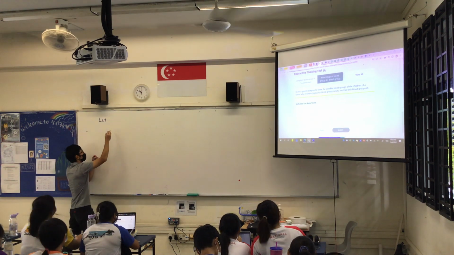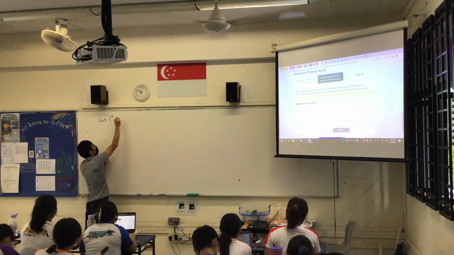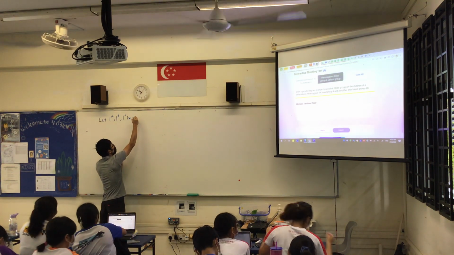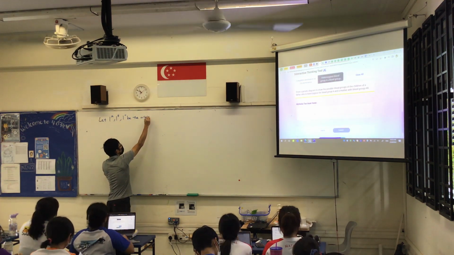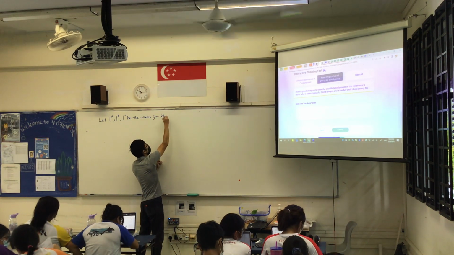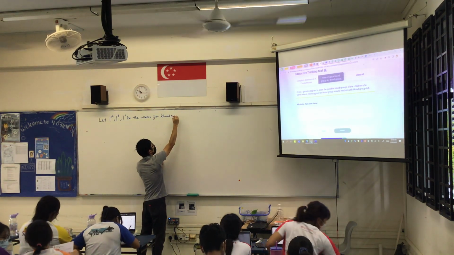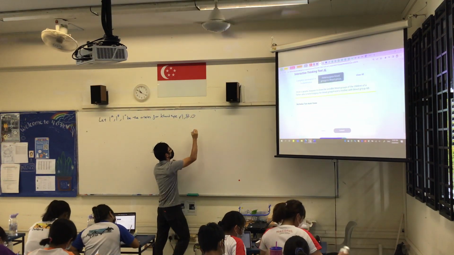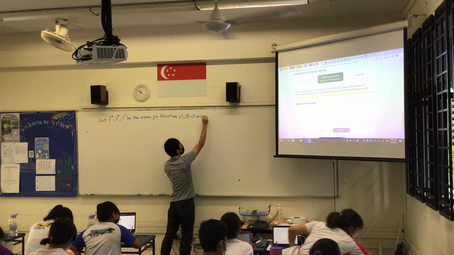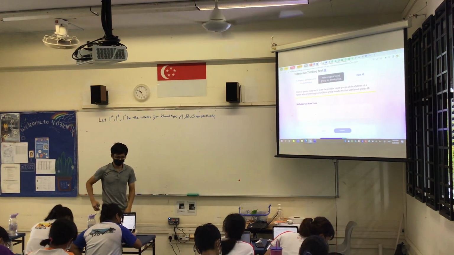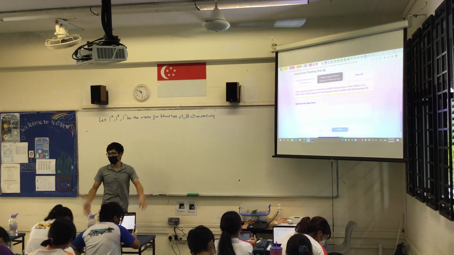Let IA, IB, IO be the alleles for blood type A, B, O, respectively. Then you can continue your puzzle.